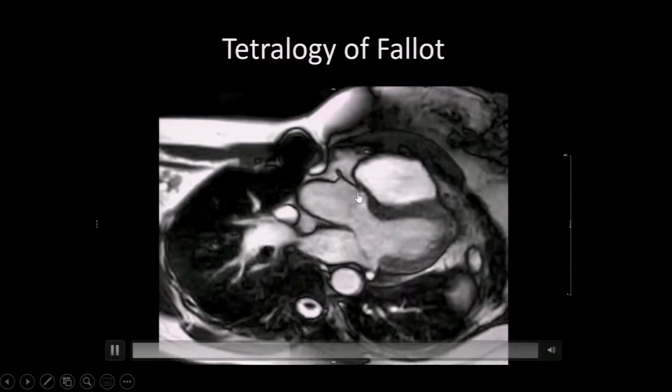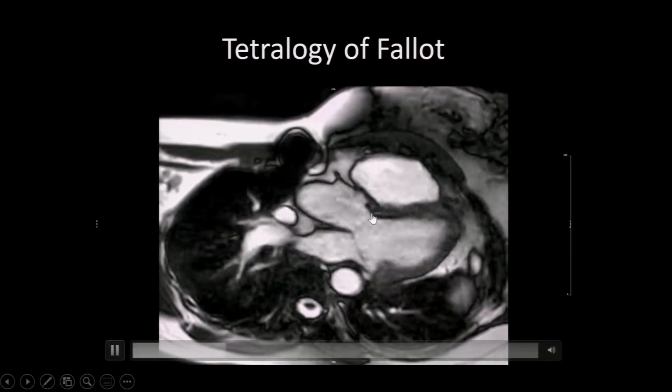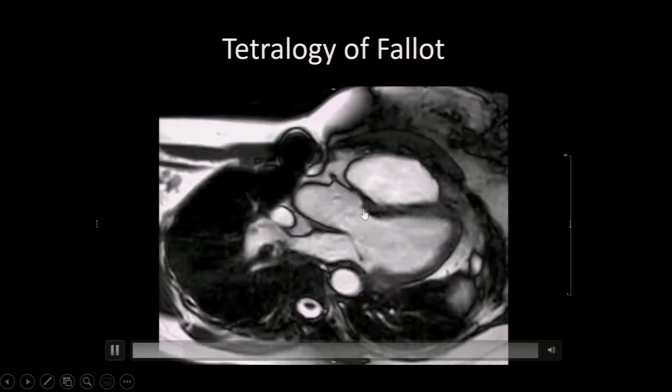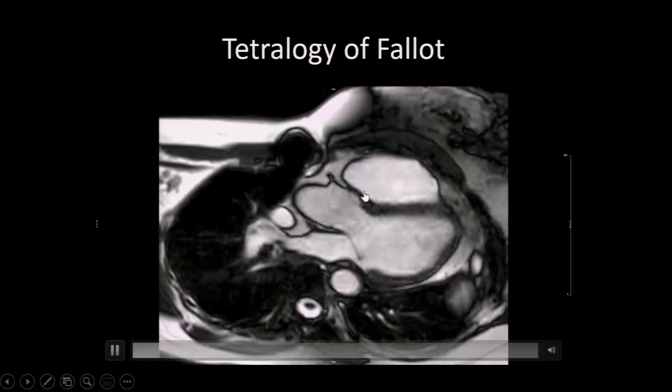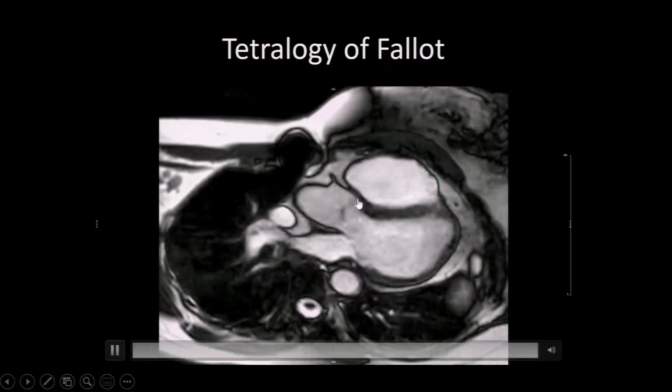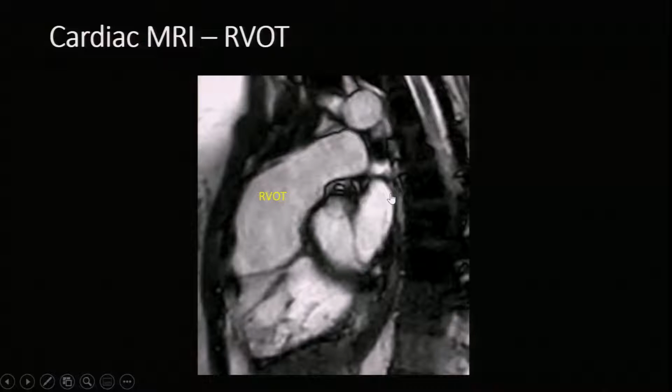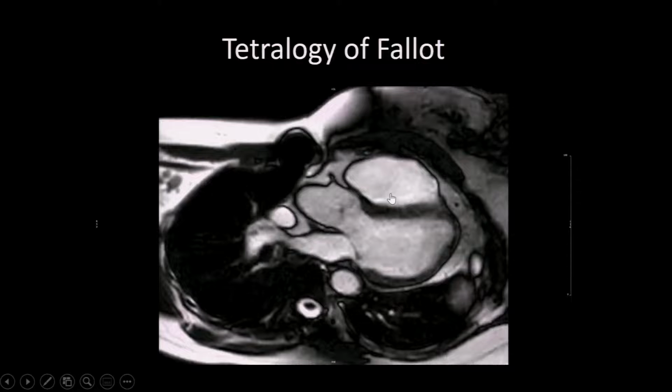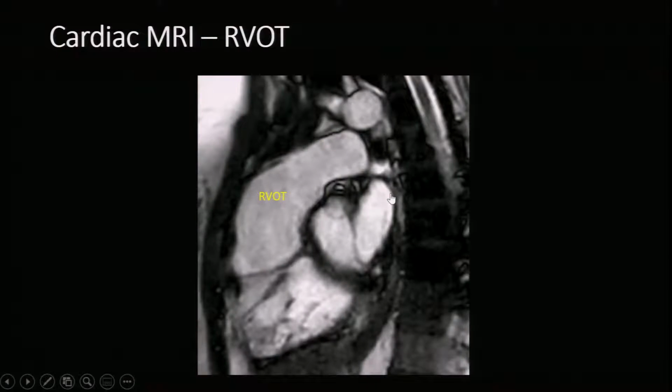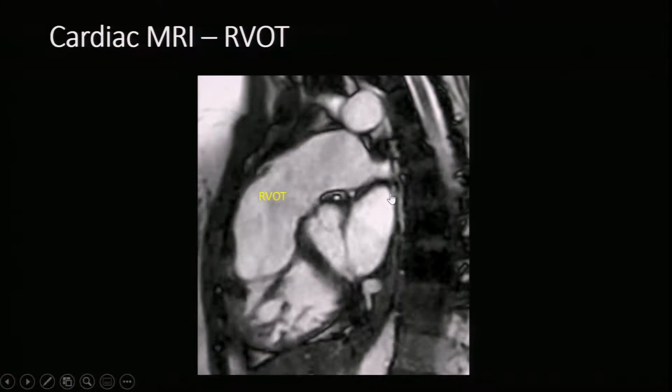You can visualize here if you follow the septum all the way up, you see that you have contraction up to here, and then it ends. This is the patch. You can still see the overriding aorta, and you can tell that the RV looks abnormal. And usually when you see this, you can suspect that it's enlarged and that you may have a patch there.